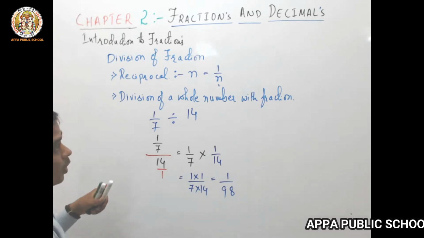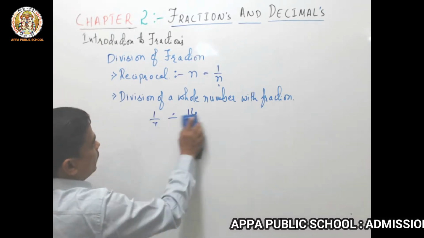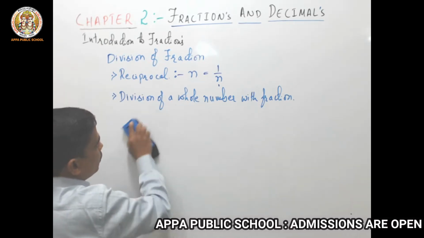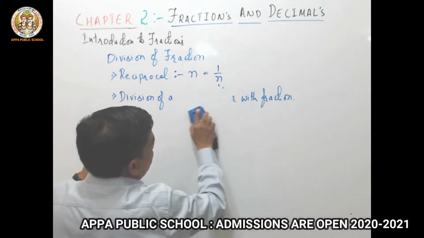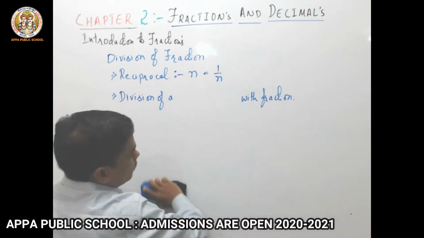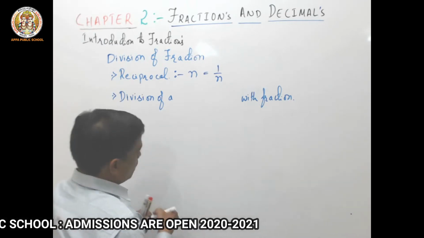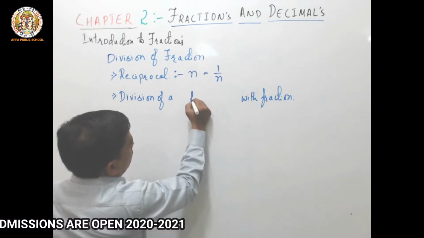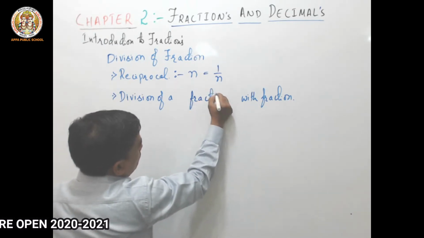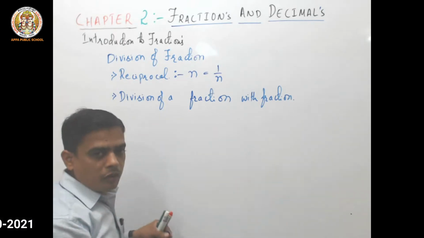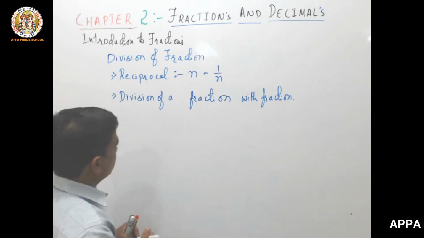So this is division of a whole number with a fraction. Next, division of a fraction with a fraction. Division of one fraction with another fraction.